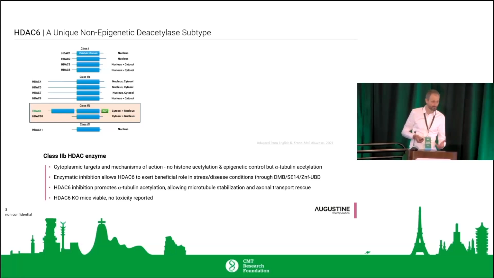An important target of HDAC6 is alpha-tubulin. There's also HSP90, cortactin, and a few others. But it's important to realize that it's not involved in epigenetic regulation, but rather in, for instance, the acetylation of alpha-tubulin. The way to modulate HDAC6 is also important in treating CMT.